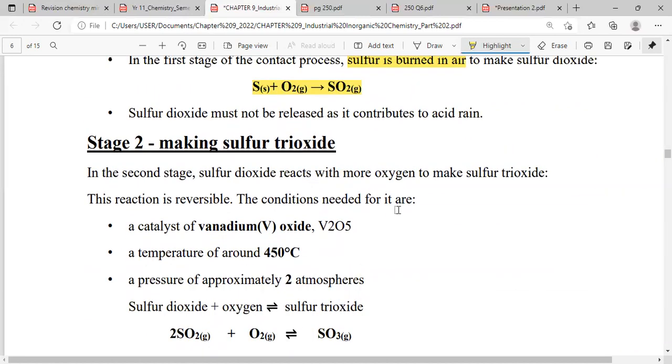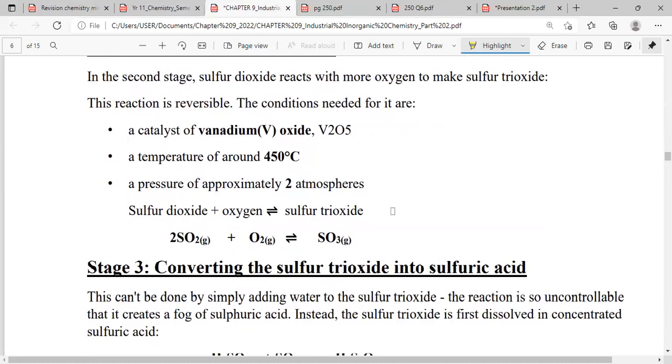Now let's move on to the next one, that is making sulfur trioxide. The next step is that sulfur dioxide reacts with more oxygen to form sulfur trioxide. And you can see here that it is a reversible reaction. A reversible reaction is one where the reactants form the products, and the products will form back the reactants.